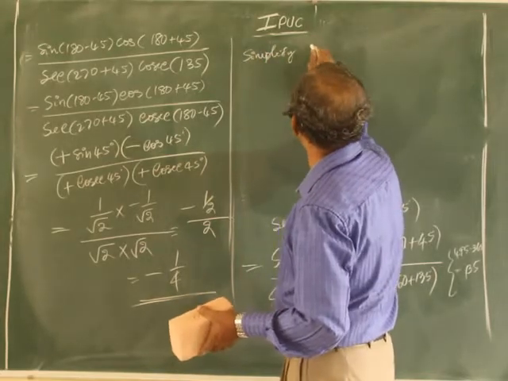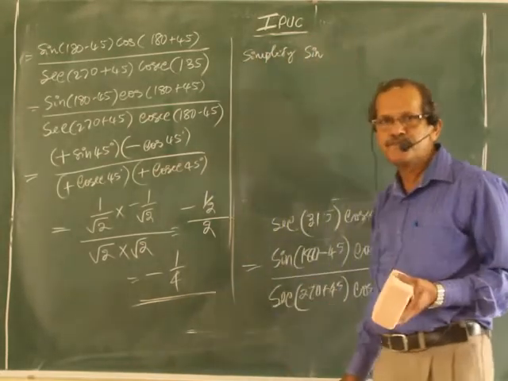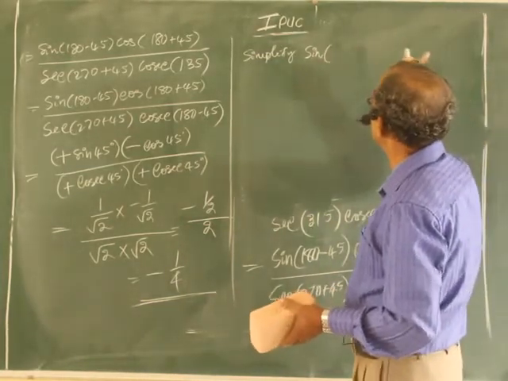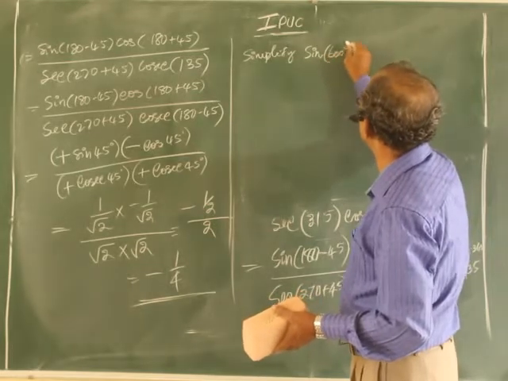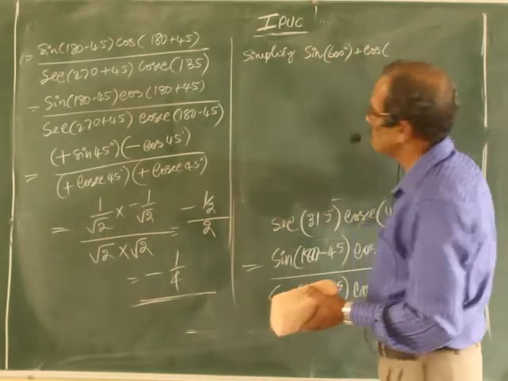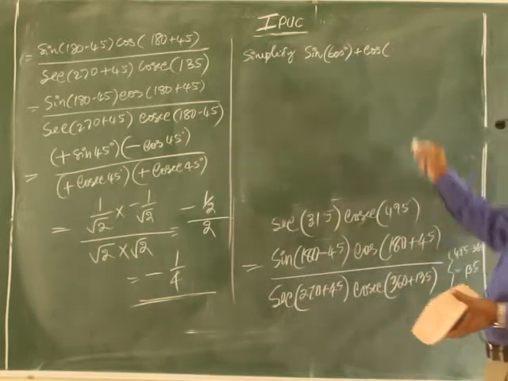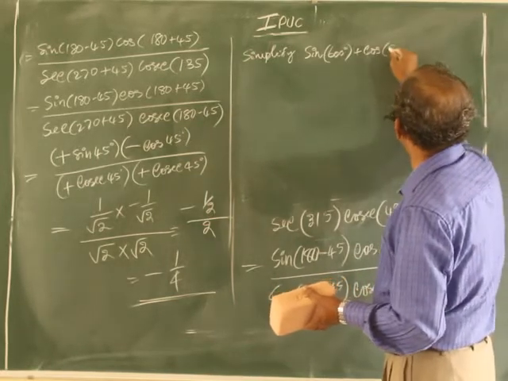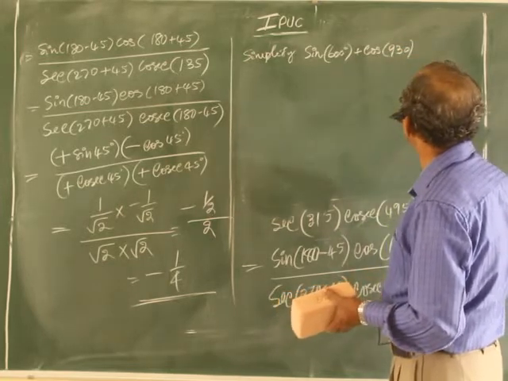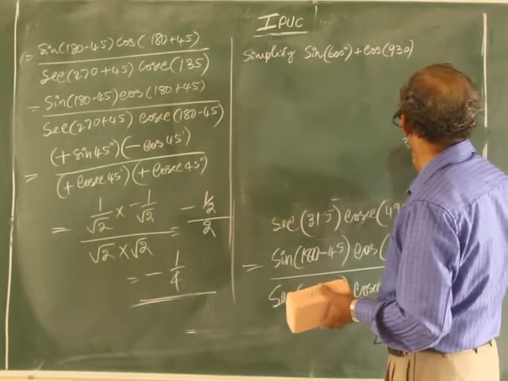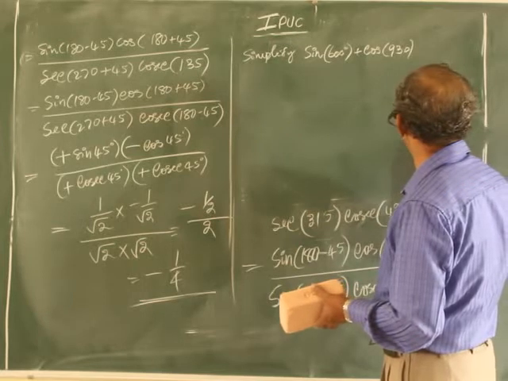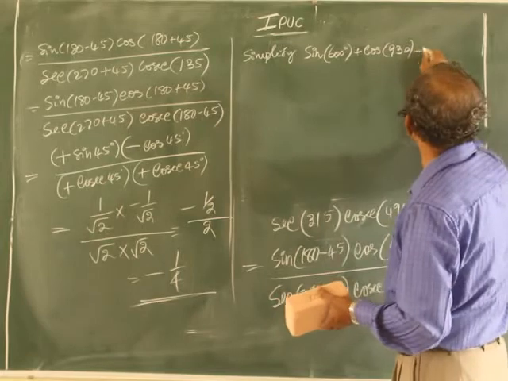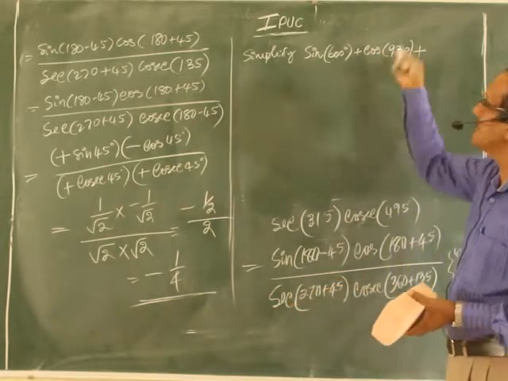Simplify sin of, now angle greater than 360, I have to give 600, cos 930, plus all the angles are greater than 360.